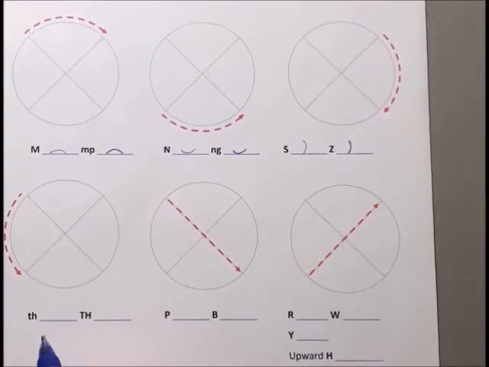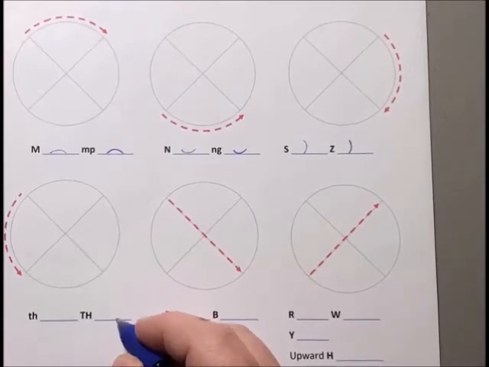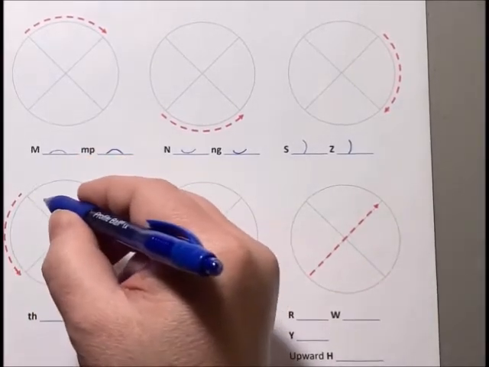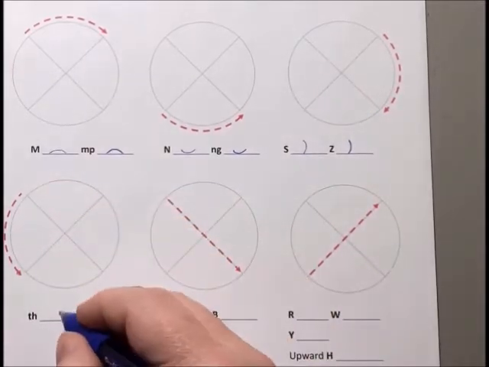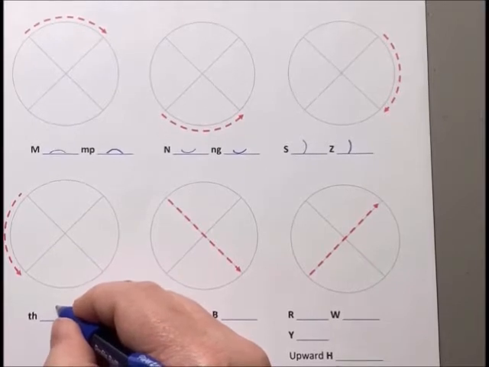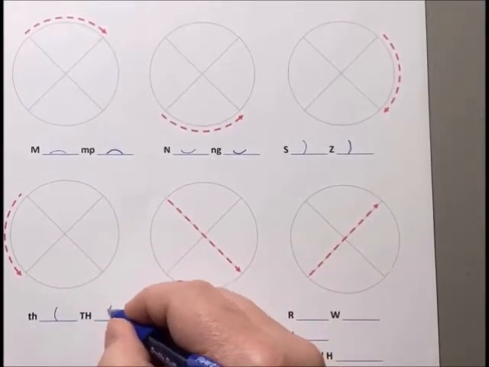The TH sounds like the TH in the word teeth, which is the breathed version, and the TH sound like in the word those is the voiced version. So they are represented by this curve on the left side of the circle. So the first TH is with a light stroke, then a second with a heavy stroke.